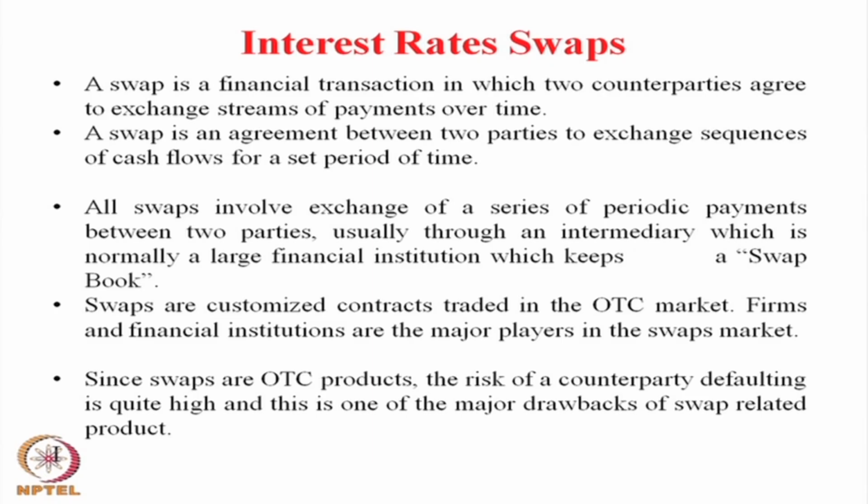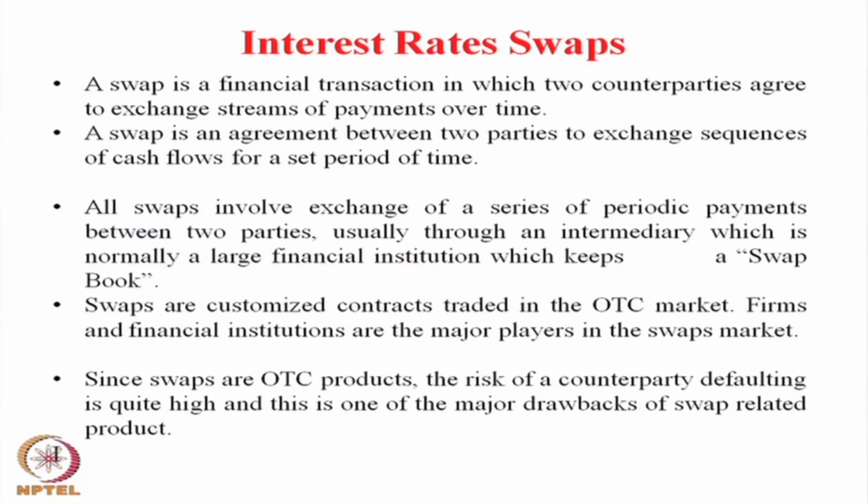The two parties come to each other through the intermediary, they exchange the series of periodic payments against the underlying asset, and the intermediary maintains the swap book, and by arranging the exchange of periodic payments the intermediary gets a commission.